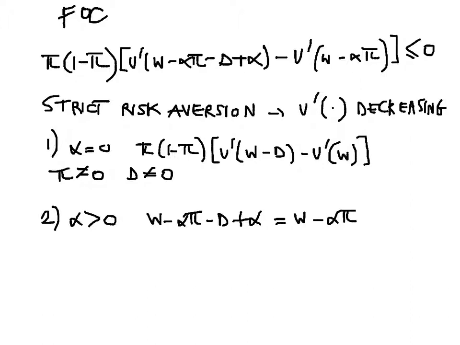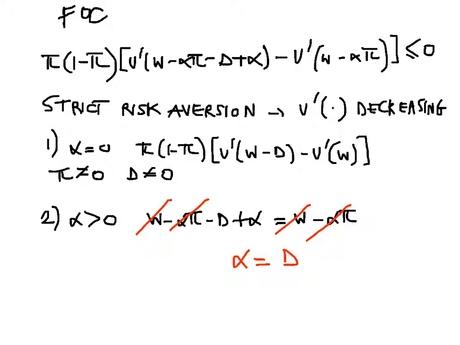But because u prime is decreasing, actually the best that we can hope for is that this be equal to 0, because this will never be negative, because this number here is smaller than this number. And so let's consider the situation where this here is equal to this, which is the only way that this entire term can be equal to 0. So it takes us here, and we can easily solve this by simply crossing out these terms, and so we are left with the solution that alpha be equal to d, meaning that we insure fully.